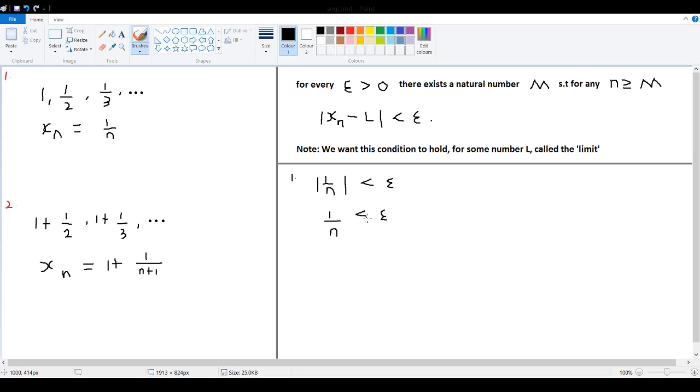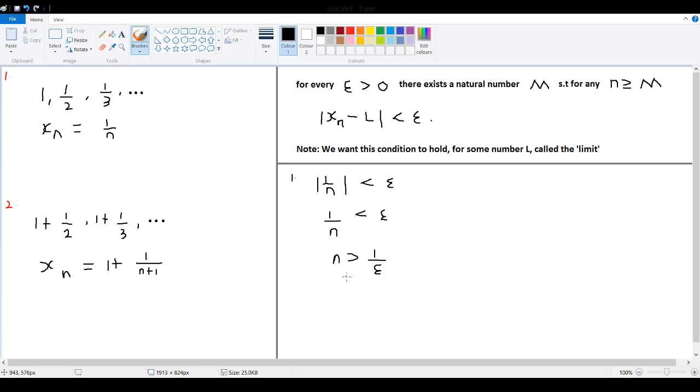And how can we ensure that this is true? Well, we can just rearrange. So let's bring the n up and divide by epsilon, and that gives us that n is greater than 1 divided by epsilon. Provided this is true, then we will have this condition.